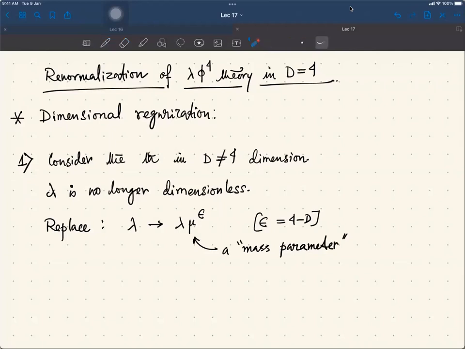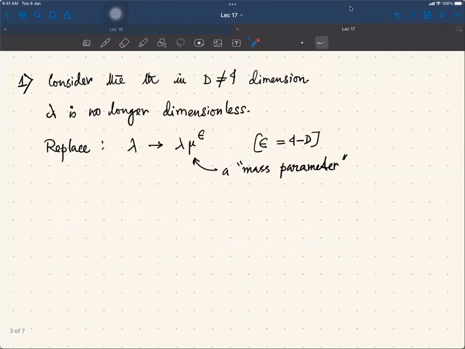So the actual theory is in 4 dimensions, in which case epsilon must be 0, but we have to formulate the calculations in d not equal to 4, which means epsilon non-zero, and in that case the coupling parameter lambda will develop a mass dimension, but we want to keep lambda dimensionless and separate out the mass dimension in this form, introducing a mass parameter mu. And how to physically interpret mu, we shall learn on the way.